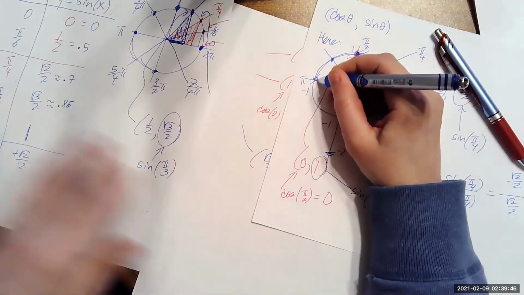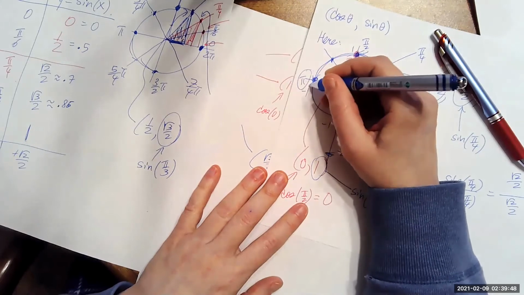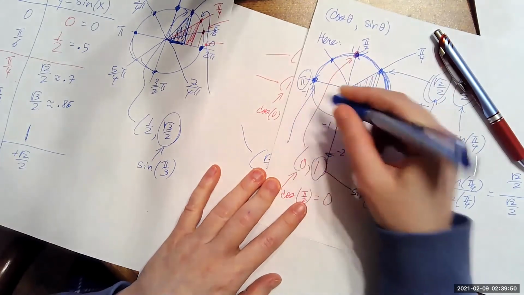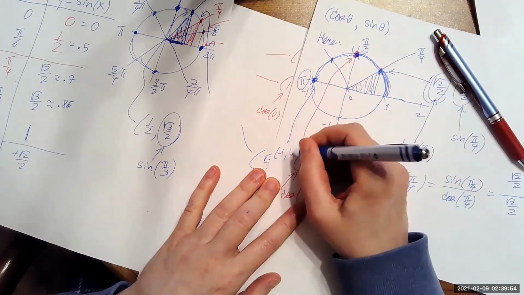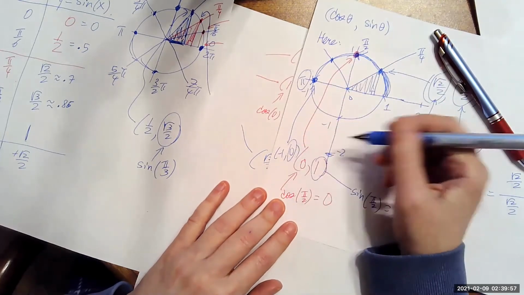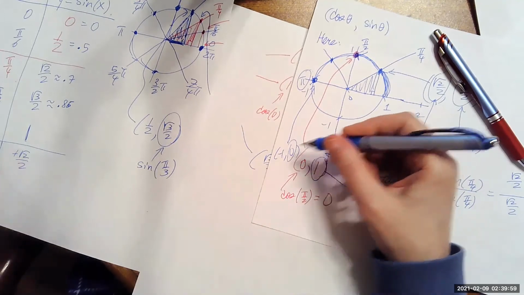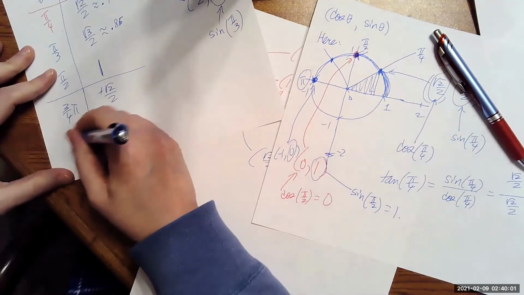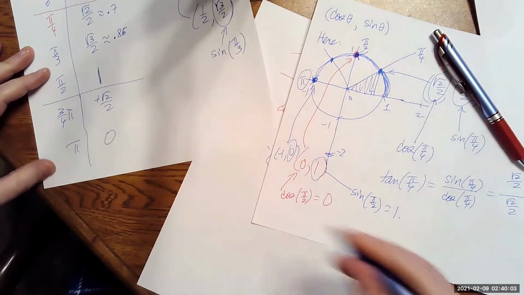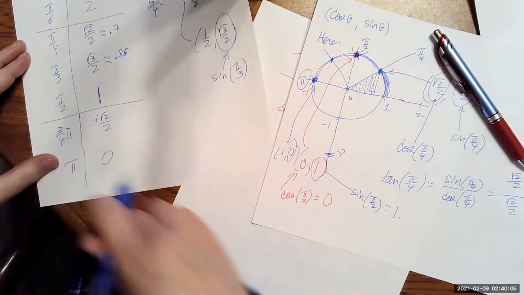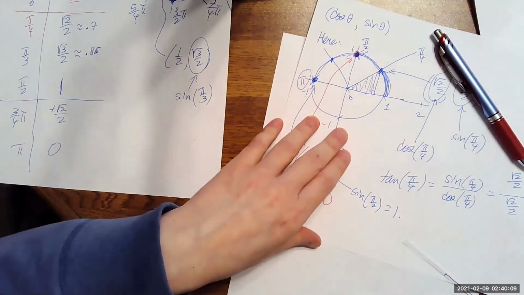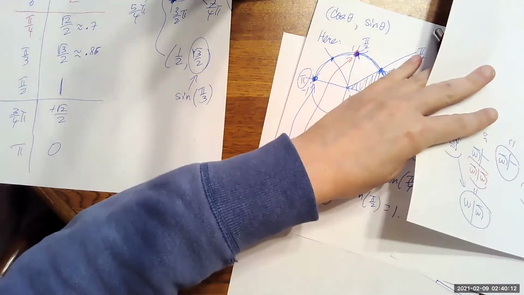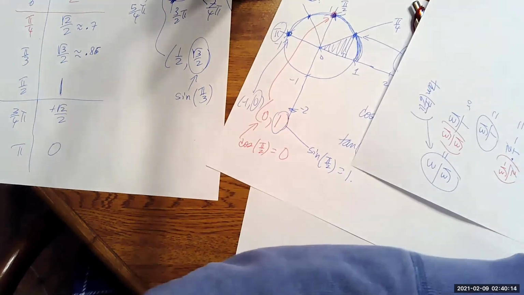And then locating this point here, pi, the coordinates there are over -1 and up and down 0. So the second coordinate is the sine of pi. So for the input of pi, the sine is 0. And we could plug in other inputs as well. So this is probably enough to get us started with the graph of the sine function, and we'll see why it looks the way it does.